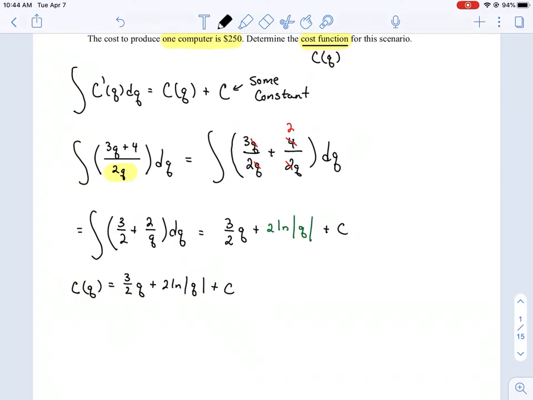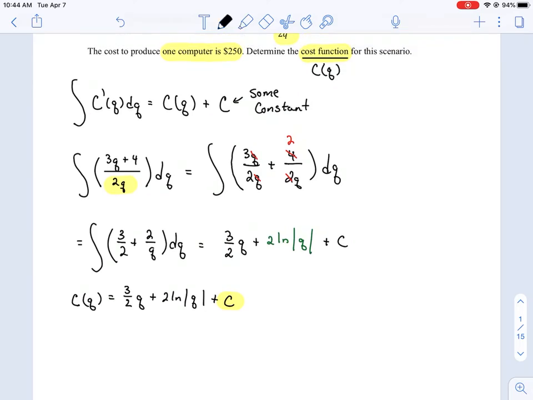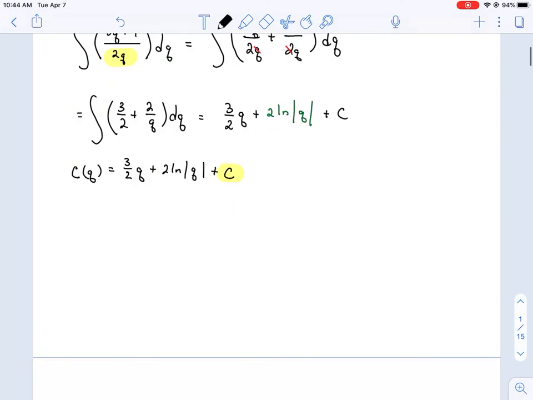All right, well, we're not going to leave our cost function like that because we need to figure out what this value of C is that I'm about to highlight right here. And you may have noticed that we haven't used the fact that one computer is $250. So from that, we can write C of 1 is equal to $250.